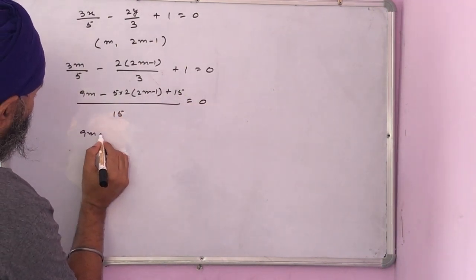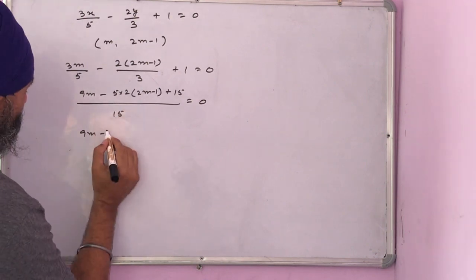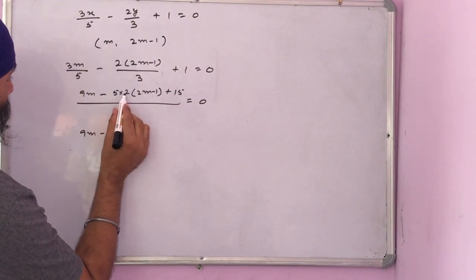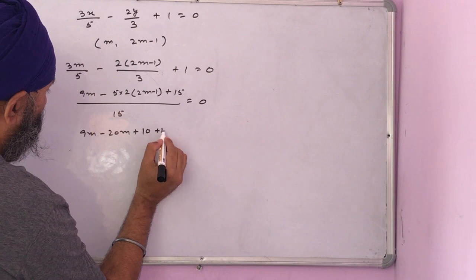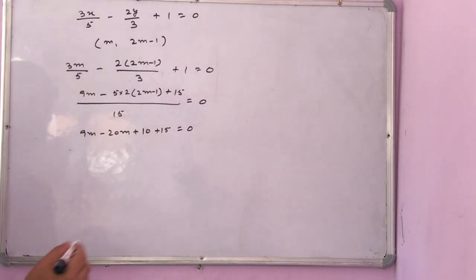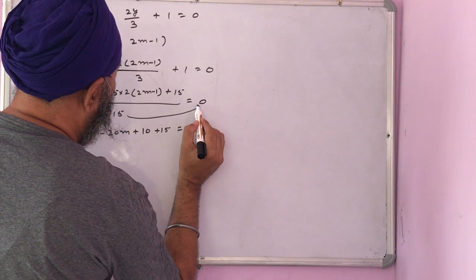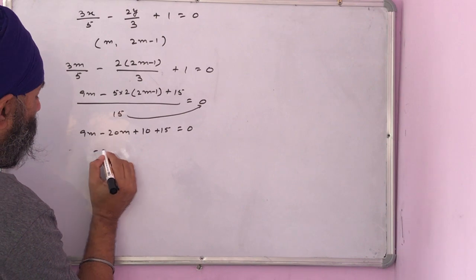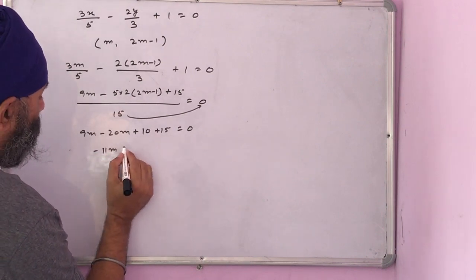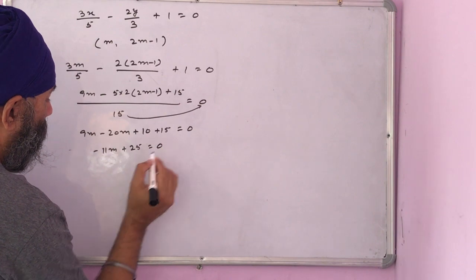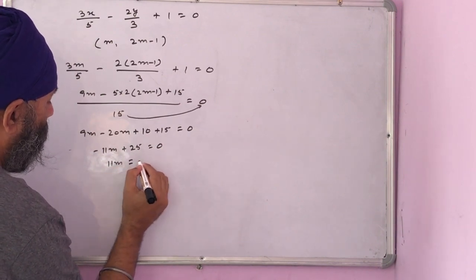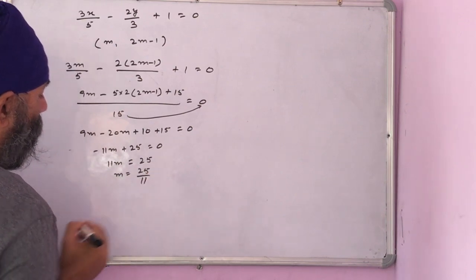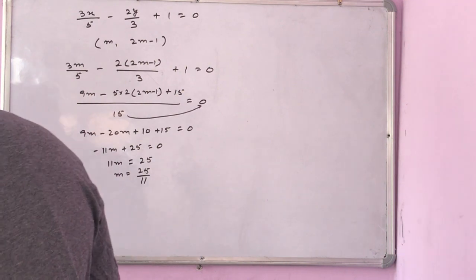It becomes 9m minus 10m... 20m... wait: 9m minus 10 into 2m, 20m, plus 5 into 1, plus 15 equal to 0. So 9m minus 20m is minus 11m, 10 plus 15 is 25, equal to 0. It implies that 11m is 25, m is 25 upon 11.